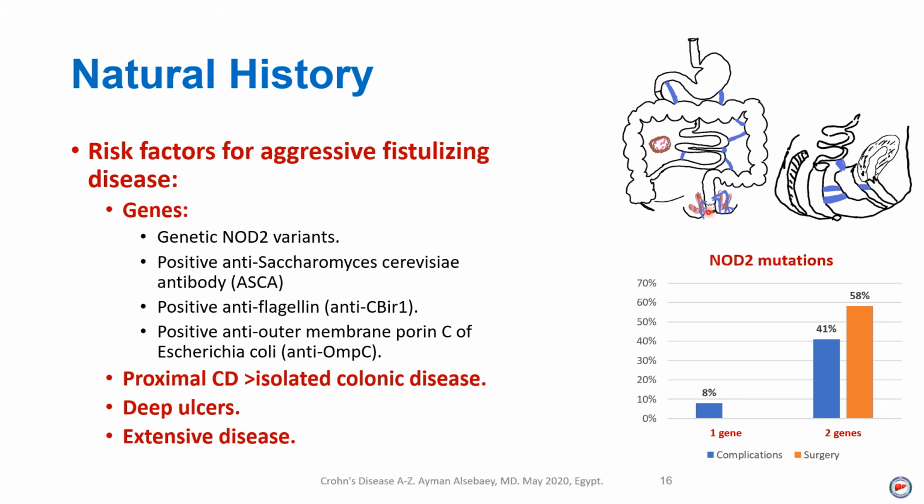This is called perianal disease, complex perianal disease. The fistulae may occur between the colon and the duodenum, the colon and the stomach, between the small intestine and the colon, between the loops of the small intestine themselves, and sometimes between the colon or the intestine and the skin, which is called enterocutaneous fistula.